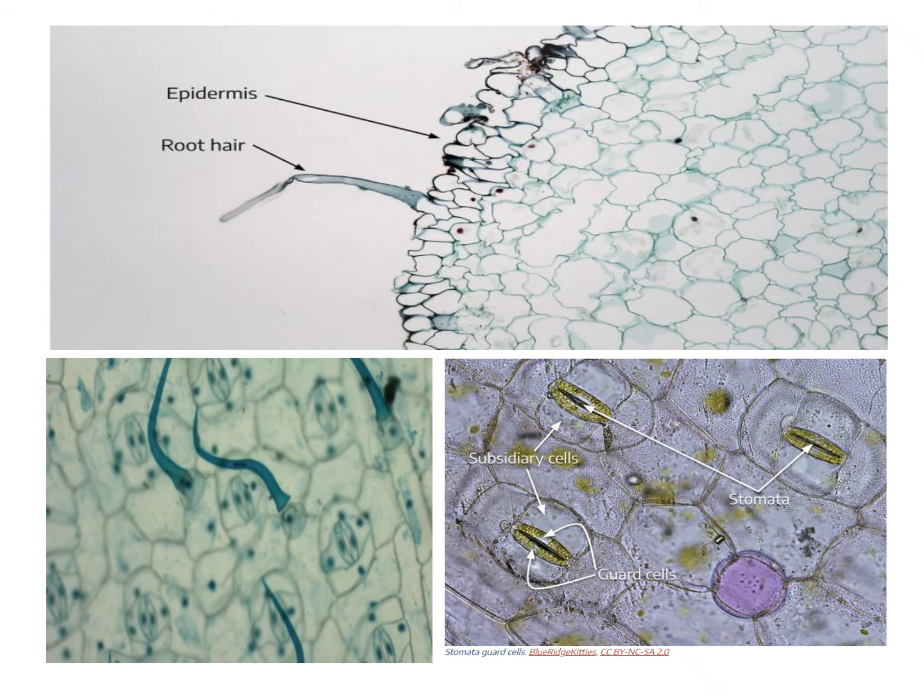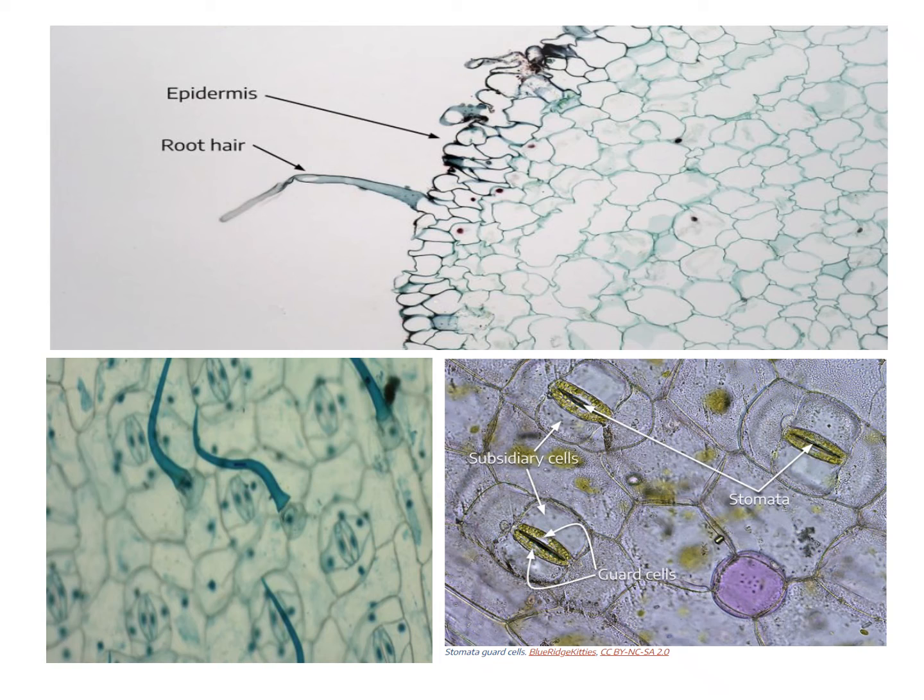This slide gives you the details of the dermal system. Here you can see how the dermal tissue, the outermost tissue looks like. They can have multiple or different types of shapes, and this is what is called trichome, the hair-like extension from the cells. It can be present in root cell as well as in the leaf cell.